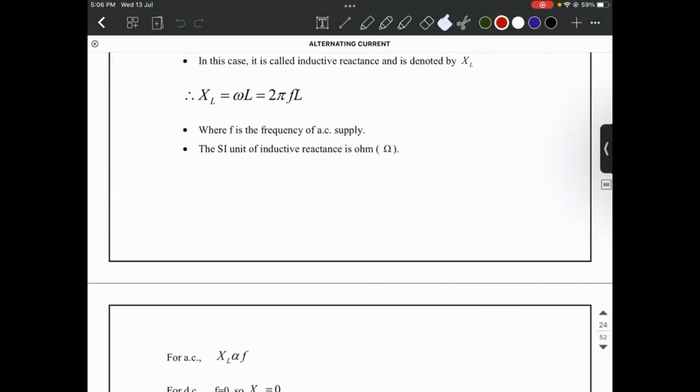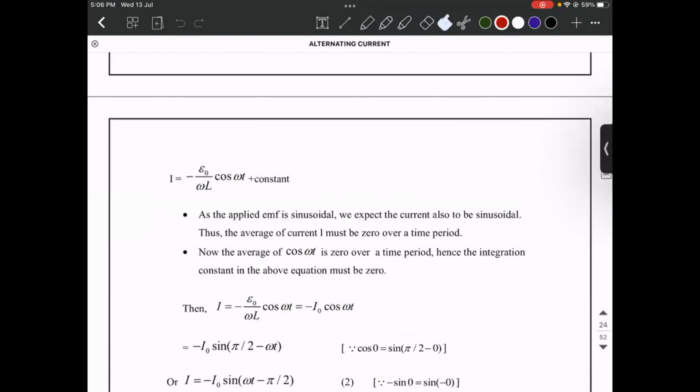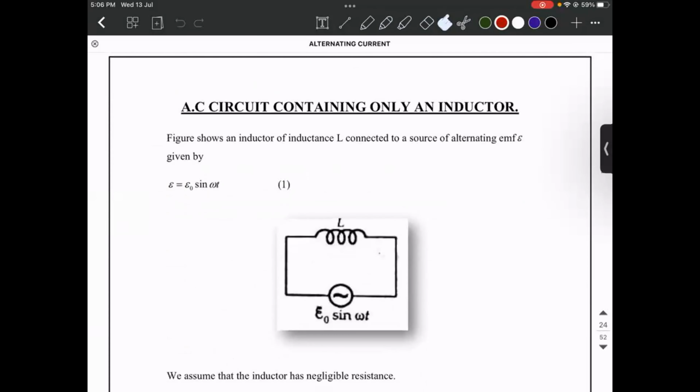Now let's write down the next topic, that is AC source connected across an inductor.